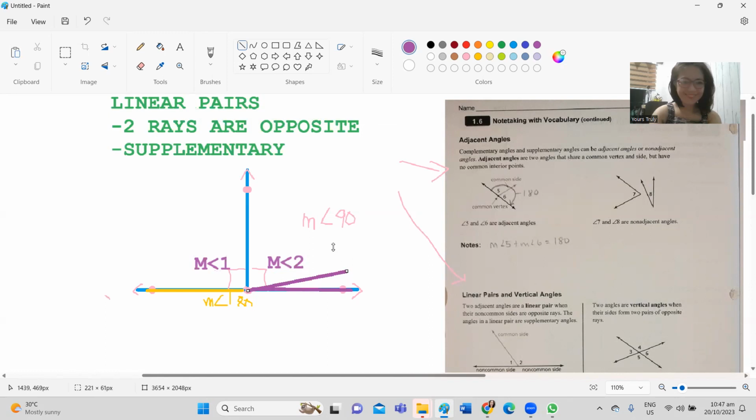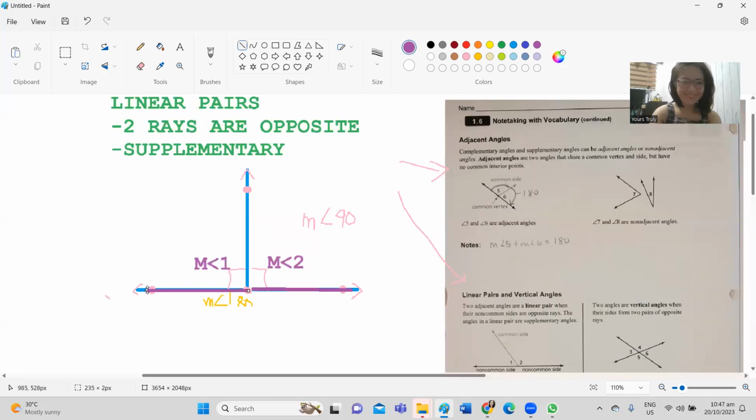Since they measure 180 degrees, these two angles are called supplementary. And because their rays are opposite, one facing left and this one facing right, we say that angle 1 and angle 2 are linear pairs.